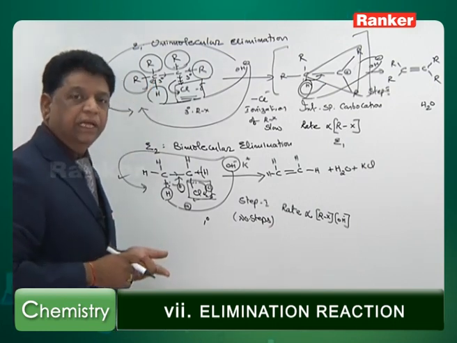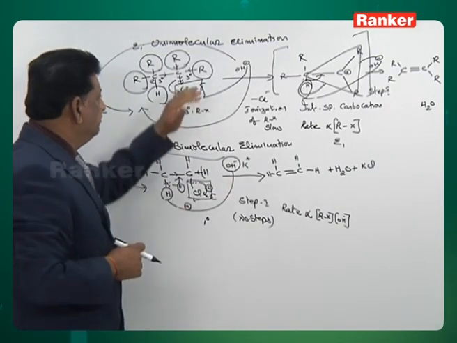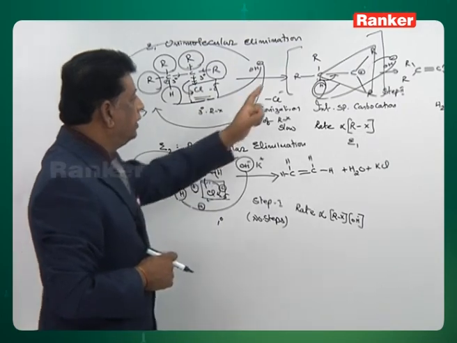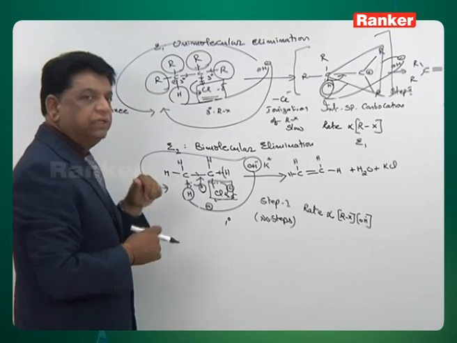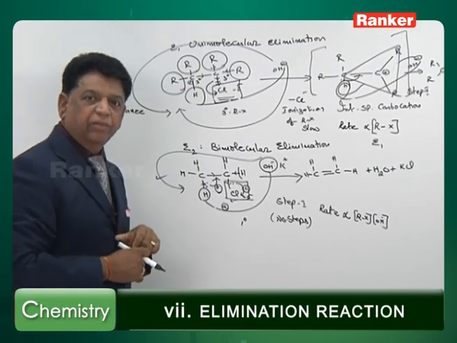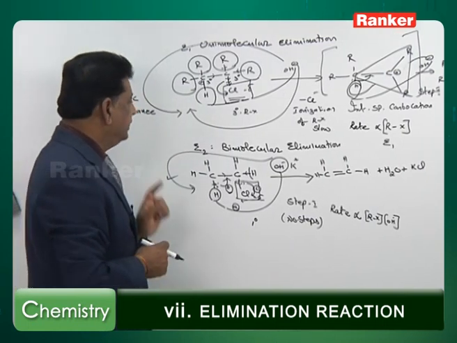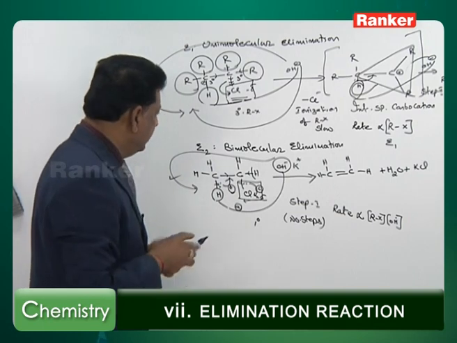That makes another mechanism. Both going together is the E2 mechanism. First Cl minus goes, carbocation is formed, this is the E1 mechanism. If only H plus goes first, a carbanion is formed. That is another, third type of reaction, that is the E1Cb type of reaction that we will take now.